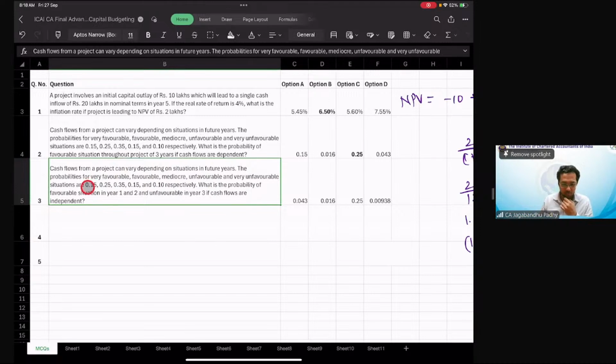What's the probability for favorable situation in year 1 and 2 and unfavorable in year 3 if cash flows are independent? So if the cash flows are independent, like first 2 years, you will have a favorable situation.